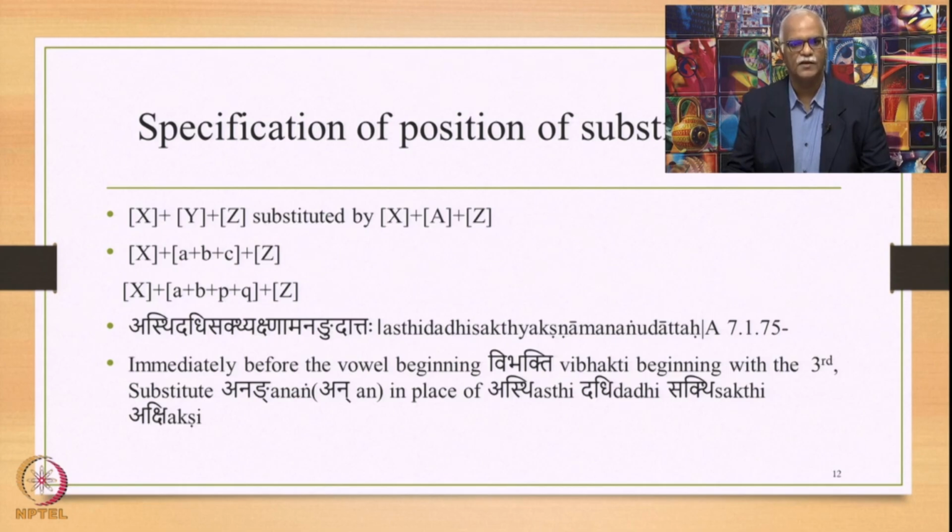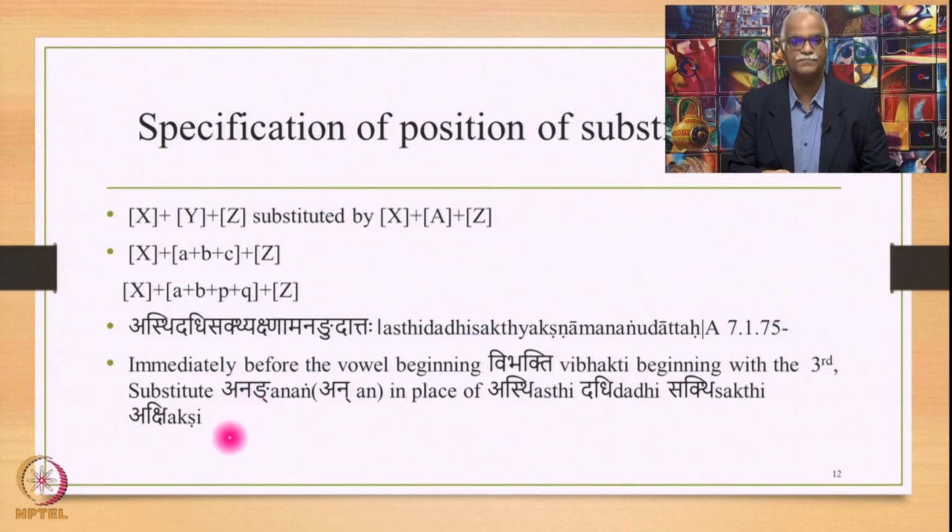It means immediately before the vowel beginning vibhakti that begins with the third vibhakti, substitute anang, that is an, with the marker ng in place of asthi, dadhi, sakti and akshi. Now, here there is another a after n, but this is only for the sake of pronunciation, for convenience.